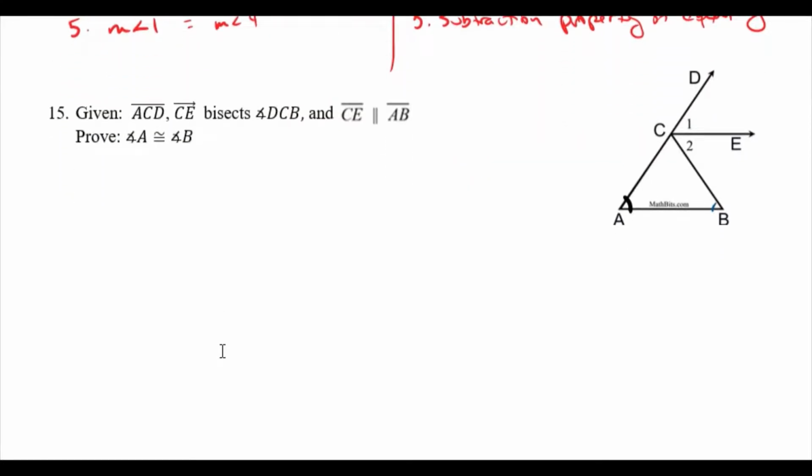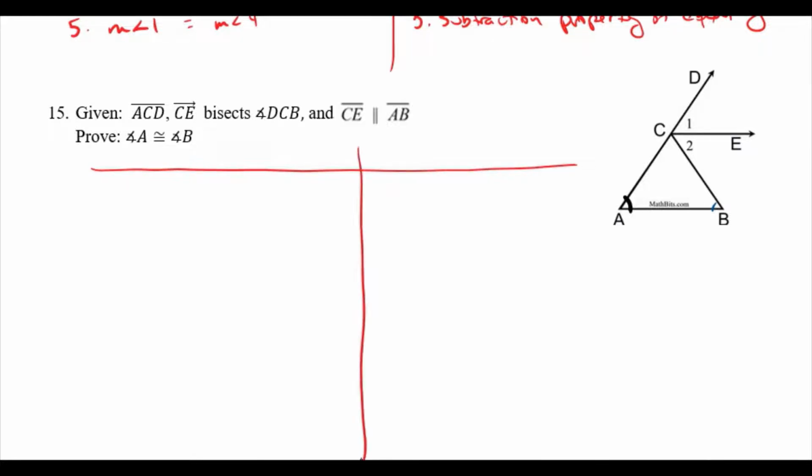All right, same thing for 15 here. So let's go ahead and do our T-chart: statements and reasons. The first one's always going to be the given.